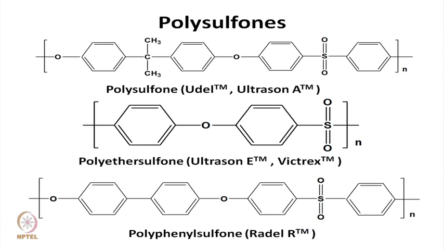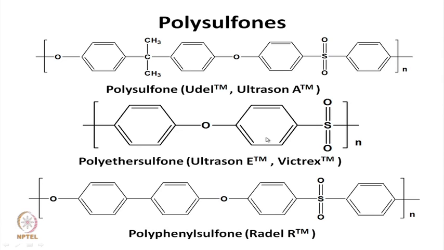Similarly, we can have polyether sulfone, say Ultrason E or Victrex. This contains only this type of formula or linkage having phenyl rings and sulfone group.